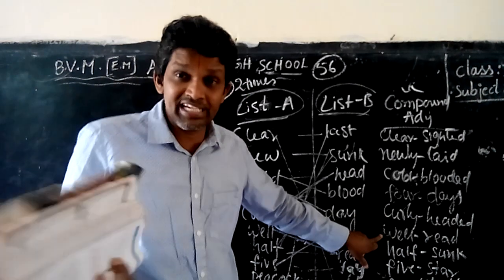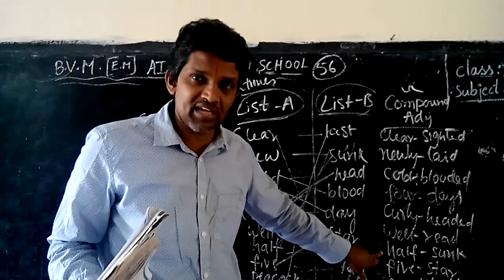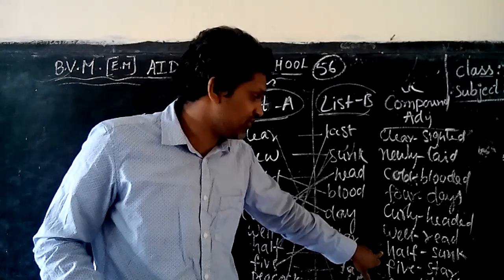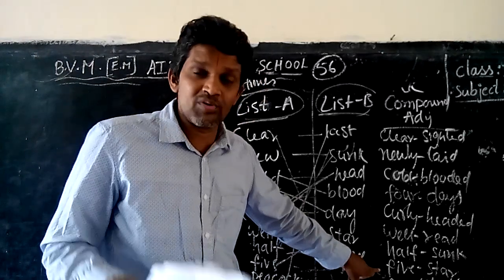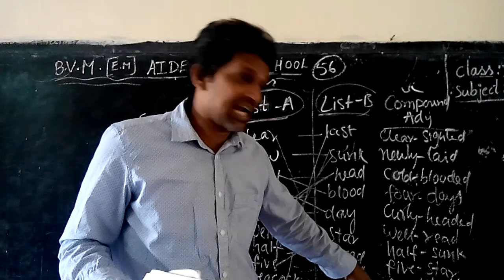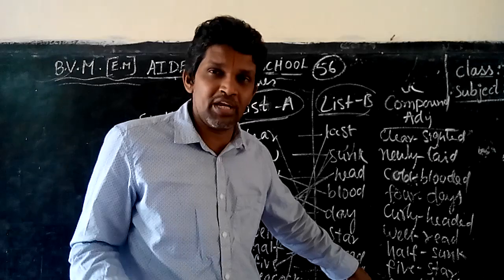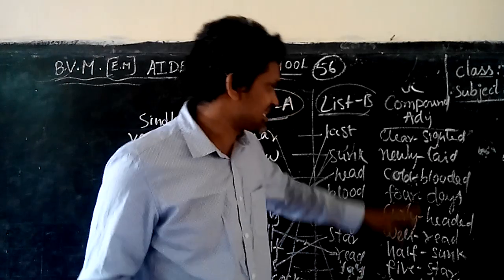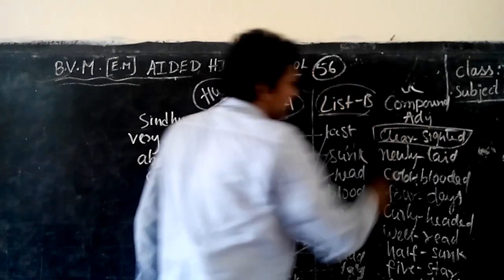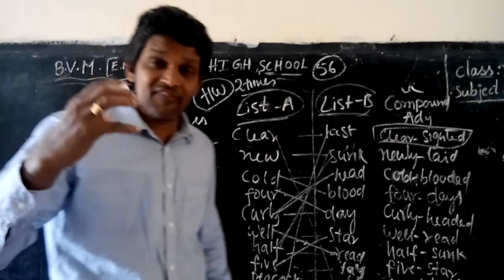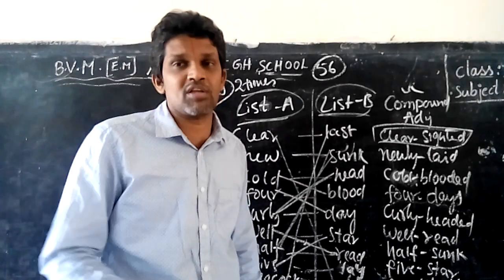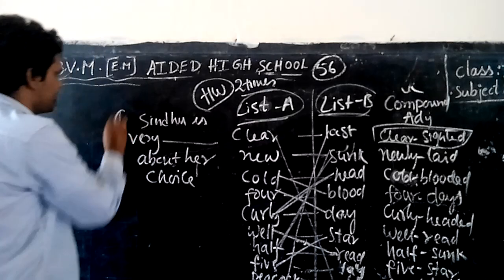Well-read, education, intelligence of a person. Half-sunk. If something is sunk in the water, we use half-sunk. 5-star to describe hotels or something. Describing dresses, we use peacock blue. Long-lasting. So what will be the right one here? Clear-sighted. Clear-sighted means having a good vision about the future, a good idea or good plan about the future. So here it will be the right one.